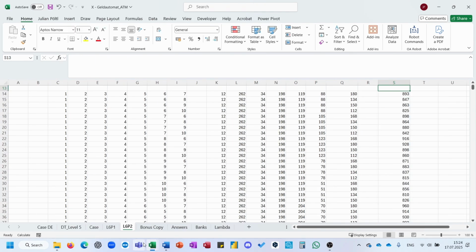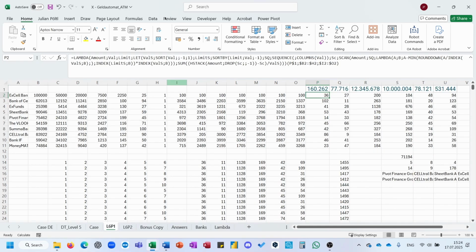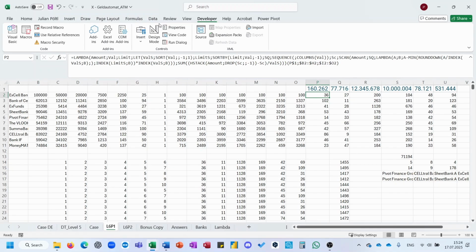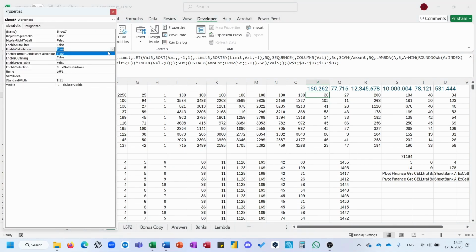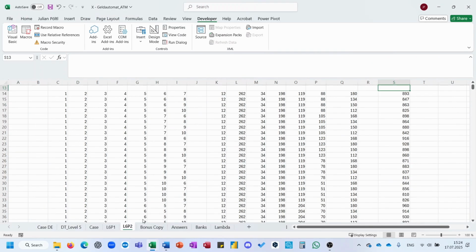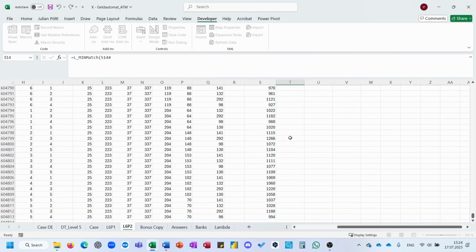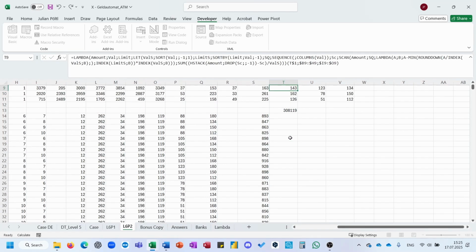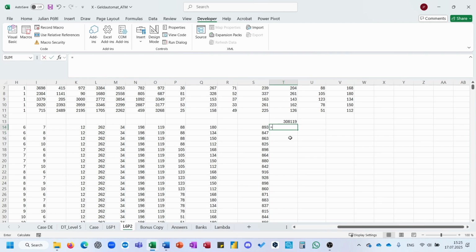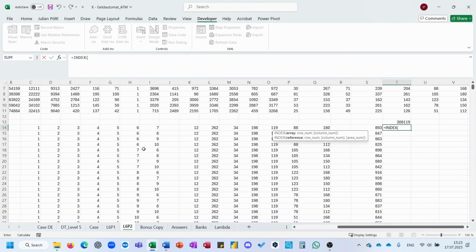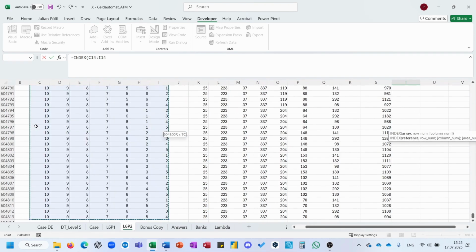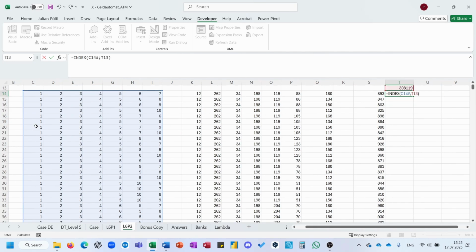Okay, I think that before doing this, I will turn off the calculations here. Properties, turn off calculations. Yes, okay. Should be a little bit faster then. Min match to get to the relative row. Index of this array here to get to the bank.